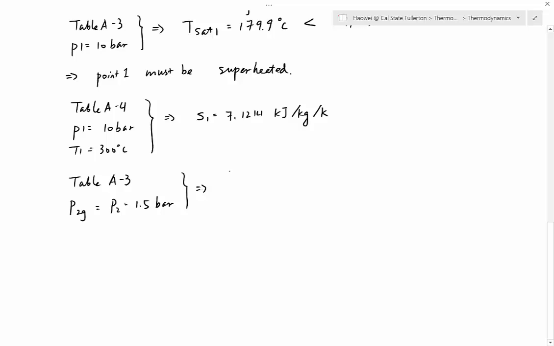Okay, from the table, you can find S2F and S2G. Even though I'm looking for S2G alone at this moment, I might as well write down many other properties. S2F is 1.4336. Do not forget a unit. And S2G is 7.2233.